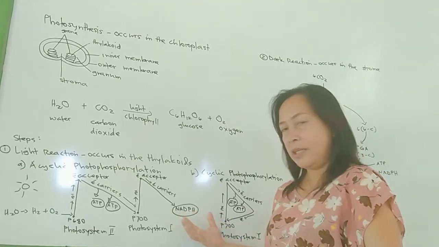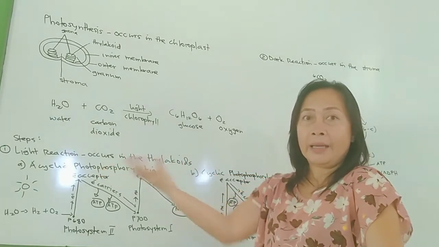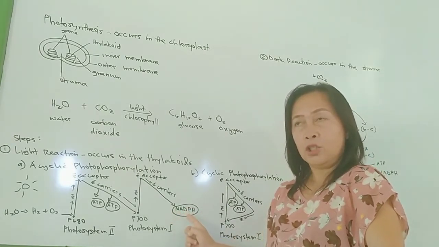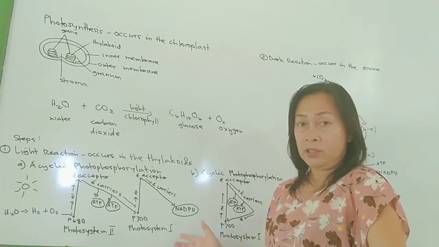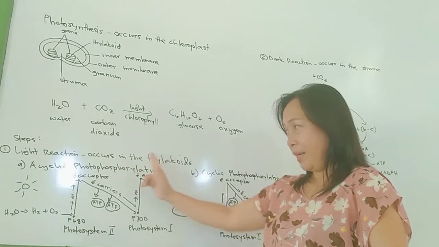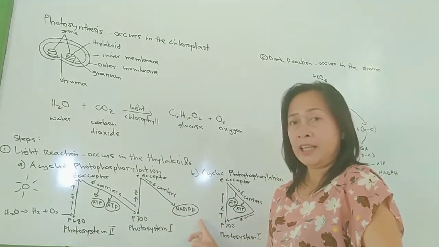So it undergoes reduction. When you say reduction, it is the gain of electrons. So it is given electrons. So if a molecule gains electrons, it is reduced. That undergoes the reduction process. So we have these end products of acyclic photophosphorylation, ATP and the NADPH.